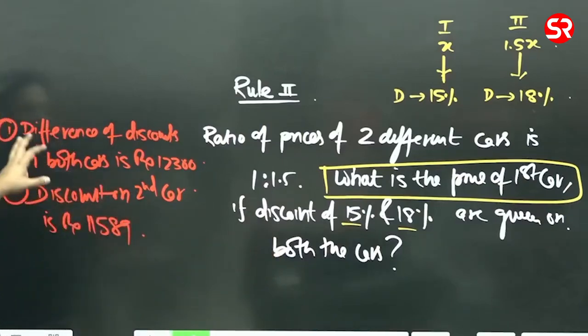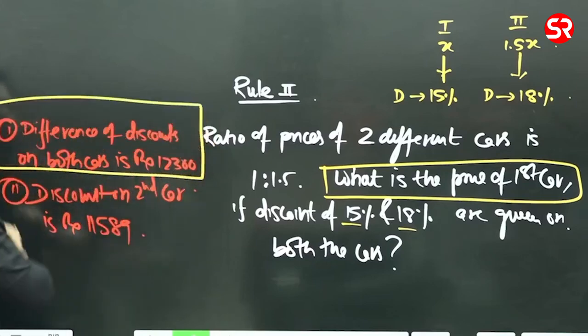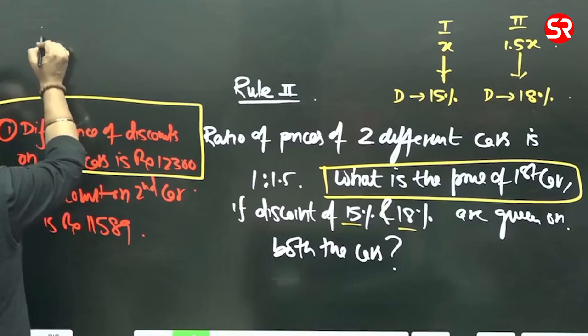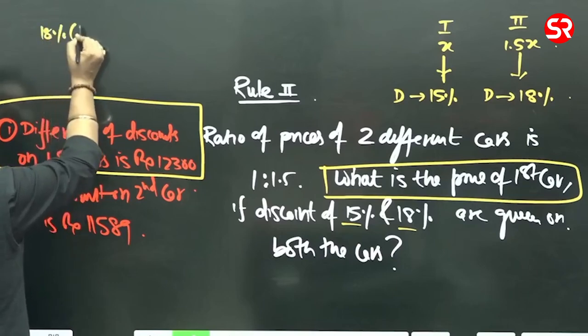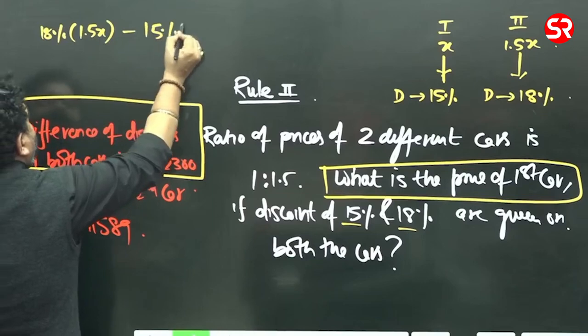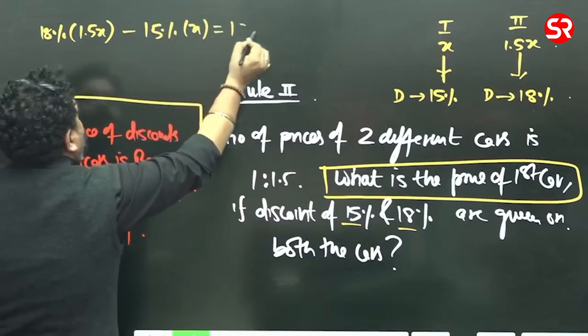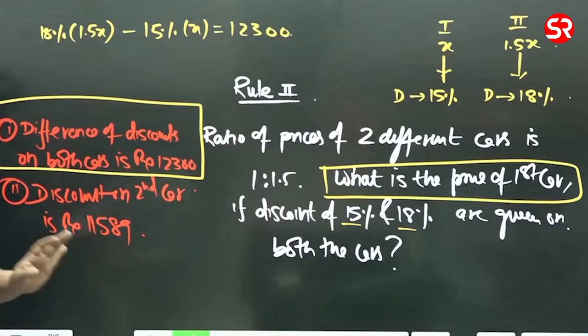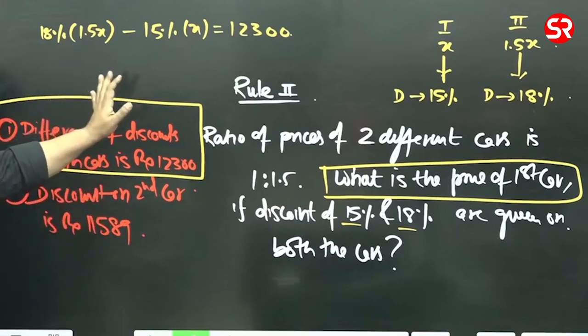Statement 1: the difference of the discounts of both the cars is 12300. Discount on the second car is 18% of 1.5x minus 15% of x comes out to be 12300. Would it give me a unique answer of x?